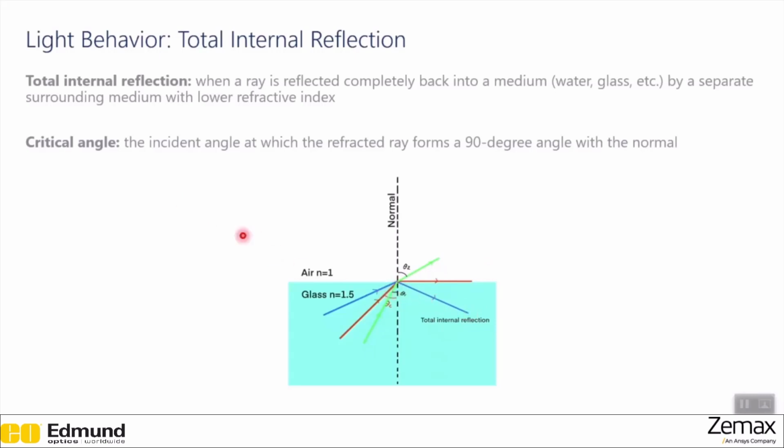And then the critical angle we can see through this red ray. At this particular incident angle for these two particular mediums, the ray will be perpendicular to the normal line instead of coming out into the second medium. And then finally, this green ray is just demonstrating a simple refraction.